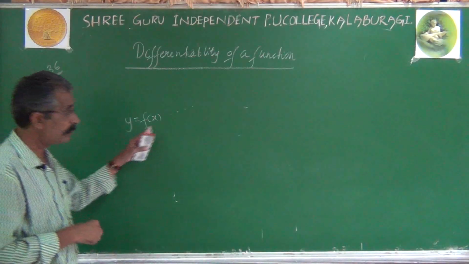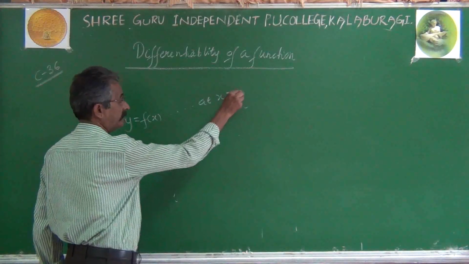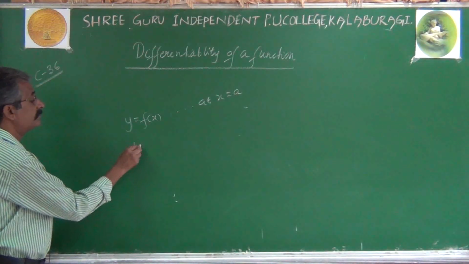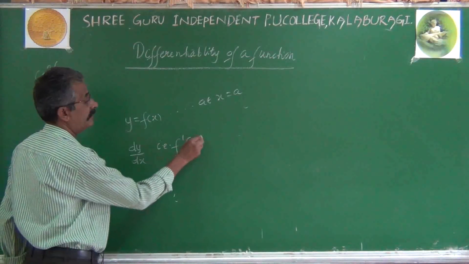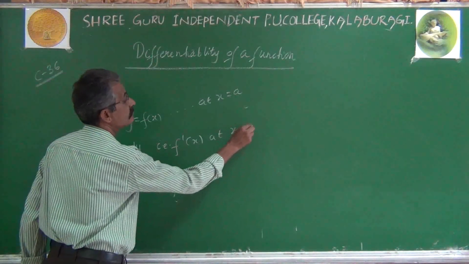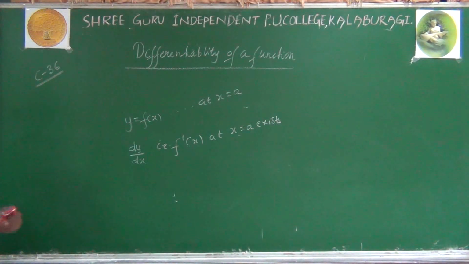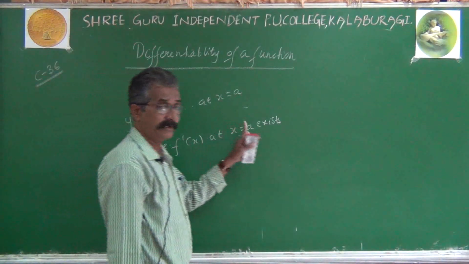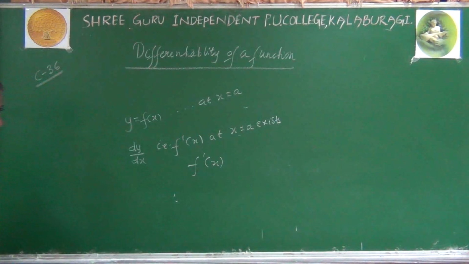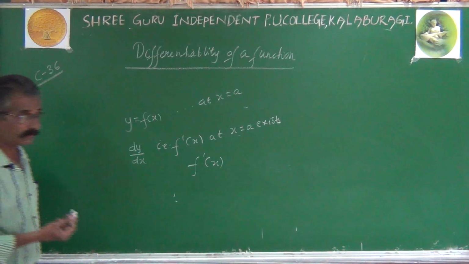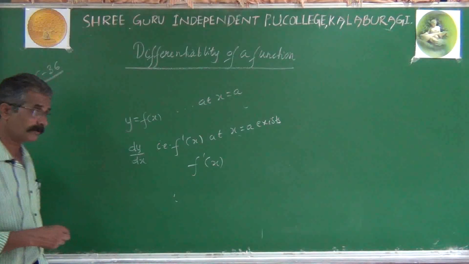A function y equal to f of x is said to be differentiable at point x equal to a if dy by dx, that is f dash of x at x equal to a, exists. Now, f dash of x at x equal to a exists means calculate f dash of x by known methods, maybe product rule, sum rule, quotient rule, composite function rule, parametric function rule, logarithmic rule, whichever holds.